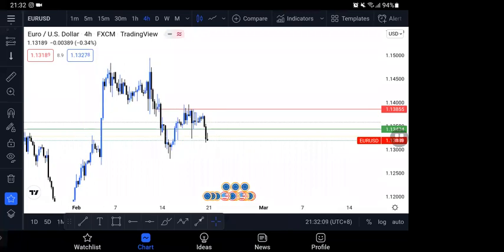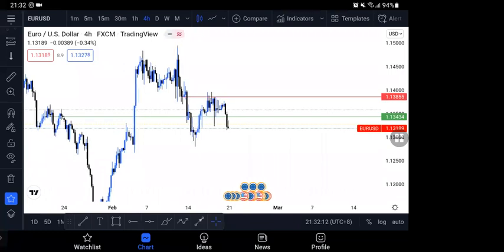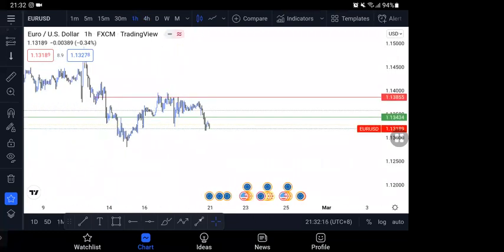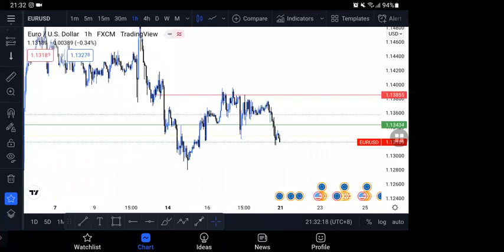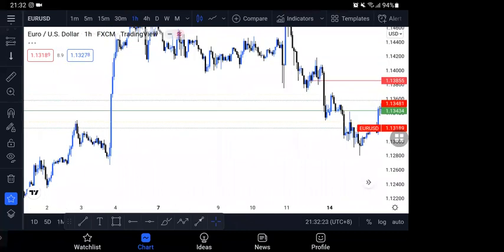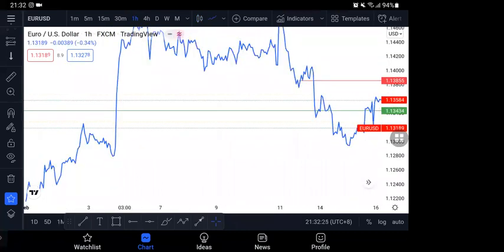Okay, so we gonna drop down into H1 to search for the key level inside the daily area.